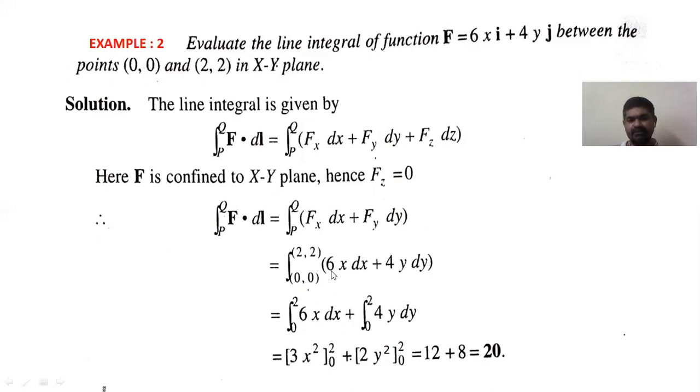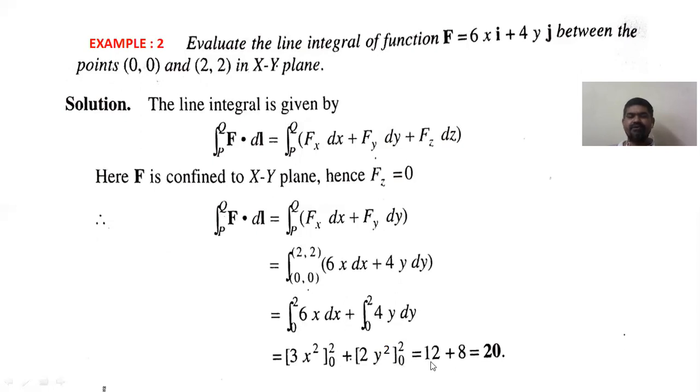Next, you integrate: integration of 6x is x square by 2 into 6, therefore 3x square. Here you take only the x value from 0 to 2, applying limits 0 to 2, plus 4y, whose integration is y square by 2, this 2 cancels, then you remain with 2y square within the limits 0 to 2.